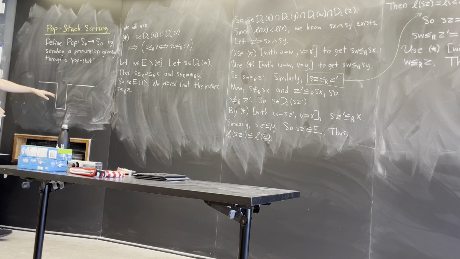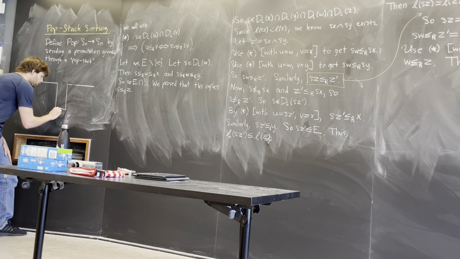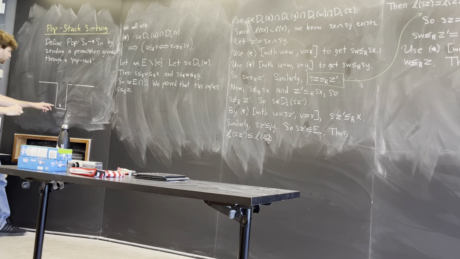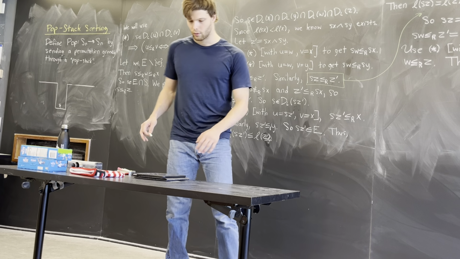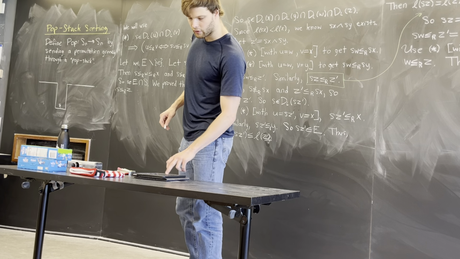So this thing is a stack, and the point is you can put numbers inside of this. Actually, okay, so no one actually does this, but I'm gonna indicate that this is not the same as a stack. I'll draw a little spring there, so you imagine it's a pop stack, which means that the spring is gonna pop everything out. So what you do is you're gonna start with some permutation.